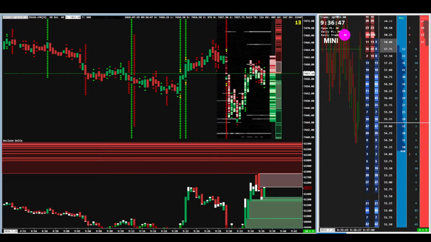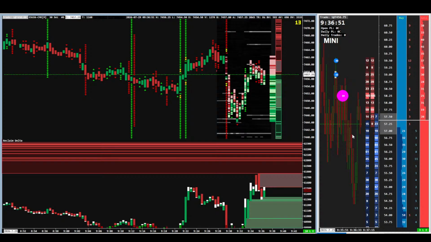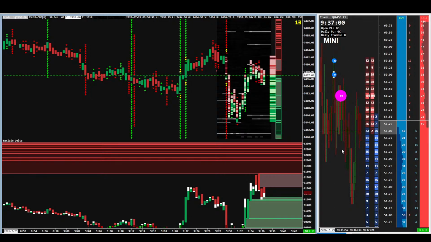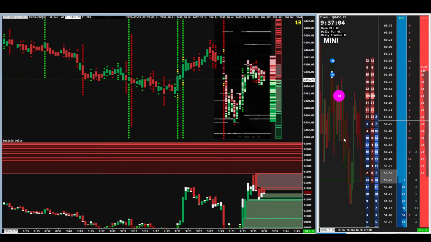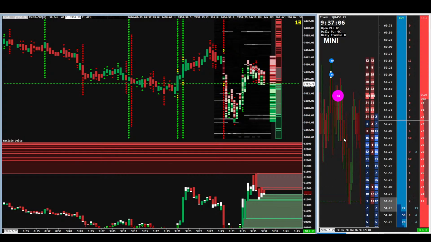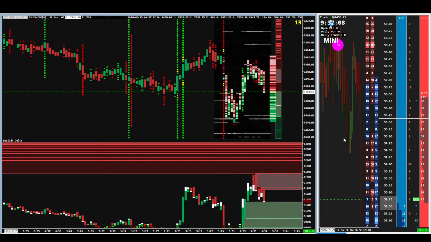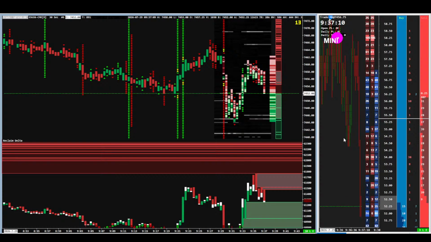Starting to channel. So it looks like some pretty natural flow to the downside there.